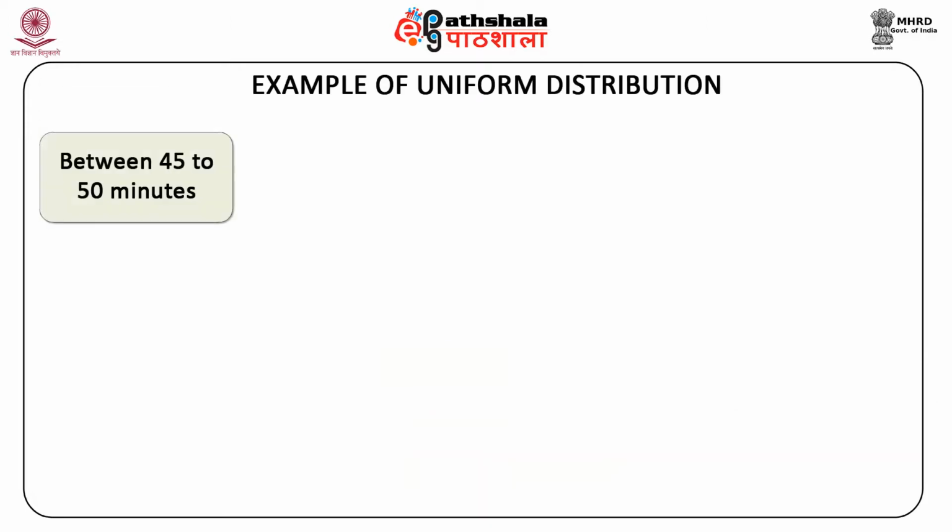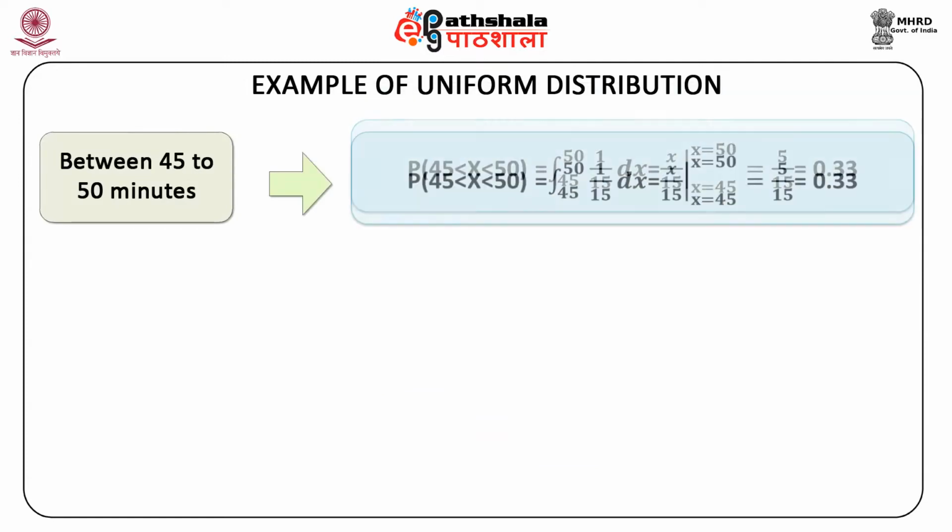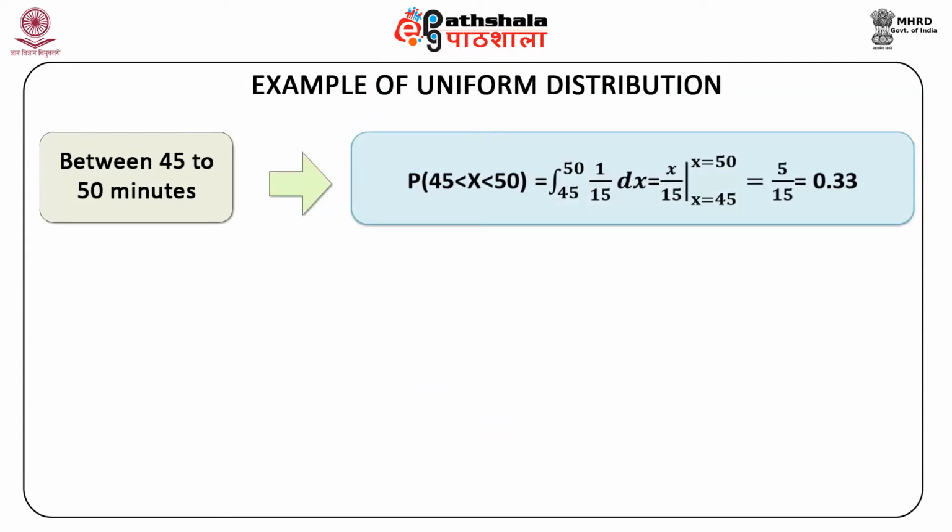Between 45 to 50 minutes. So the probability that x lies between 45 and 50 is equal to the integration from 45 to 50 of 1 divided by 15 dx, which is equal to x divided by 15, where x is equal to 45 and x is equal to 50, which is equal to 5 divided by 15, which is equal to 0.33.